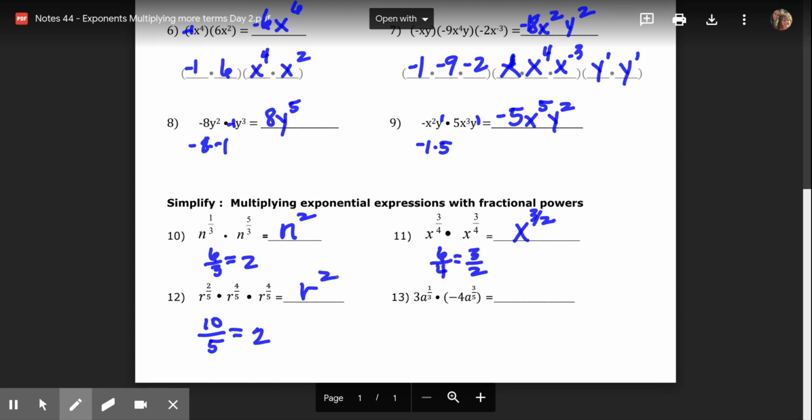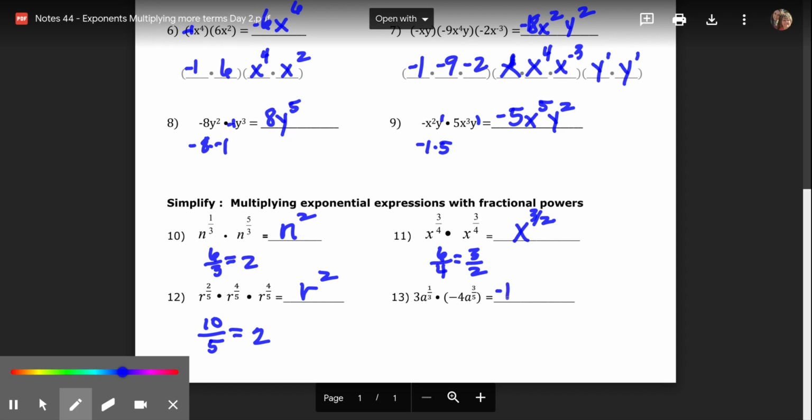And then on number 13, let's see, we can drop the parentheses. I mean, there's no sense in having a multiplication sign and parentheses. The only reason I put a parenthesis there is for you to understand that that 4 has a negative in front of it. Because sometimes a multiplication and the negative get a little mixed up. So let's go ahead and do 3 times -4.